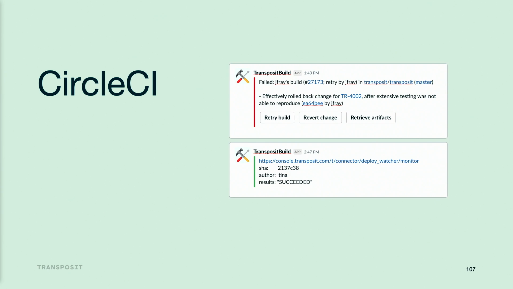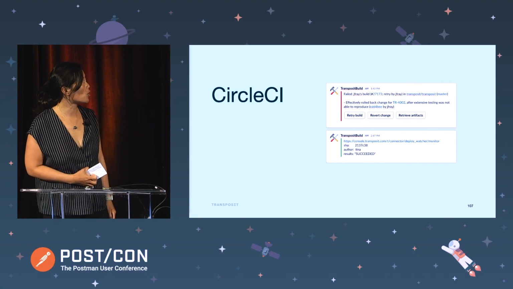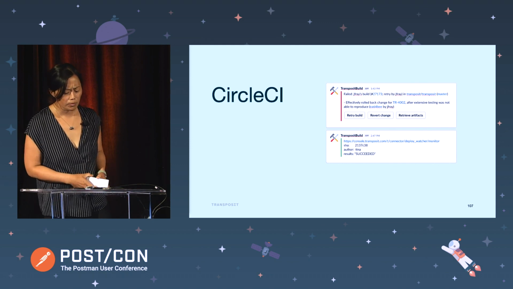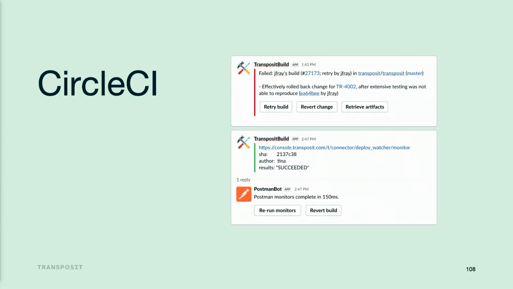So we've enhanced this with buttons to inline retrieve artifacts and then retry a build or revert a change. And then we've added to it on success to call Postman and run a set of monitors to tell us how our build is doing. And once again, we have an easy inline way to rerun the monitors if we see some sort of abnormal behavior. And if it seems really bad, then we can revert the build all from within Slack.